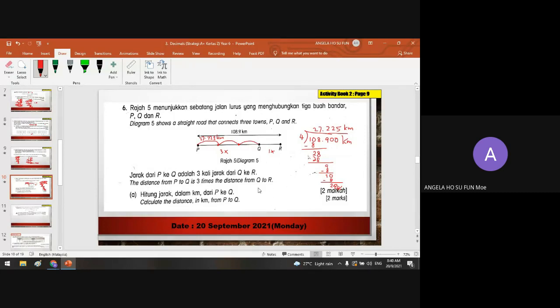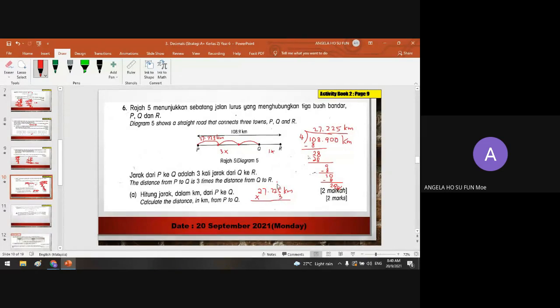So what you are going to do is write 27.225 kilometers times 3, because there are 3 times it jumps.